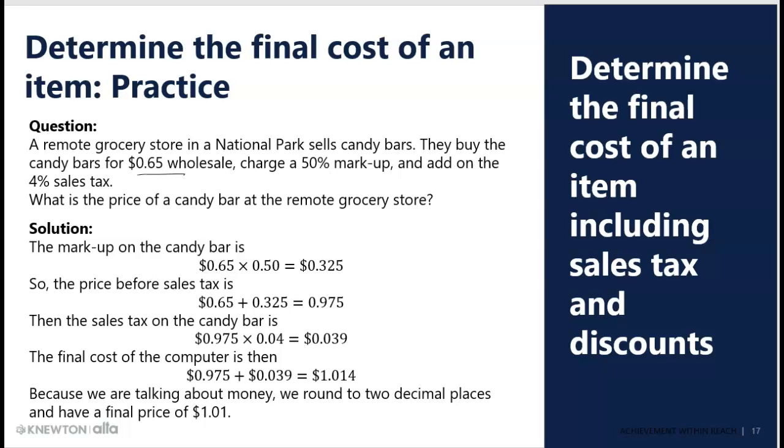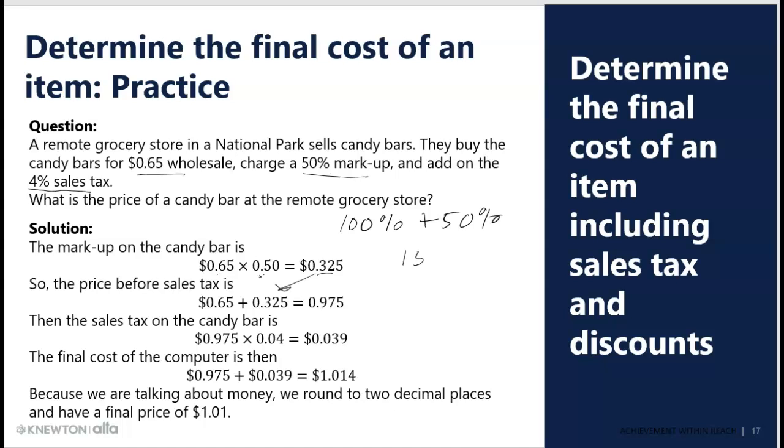So anyway, 65 cents wholesale. The National Park buys them in bulk. It's 65 cents each. They charge a 50% markup, and then they add on the sales tax. So the markup on the candy bar, now you could find out the markup by just finding the markup and then adding it. Or you could say, well, I'm going to have 100% plus 50% is going to be my cost.